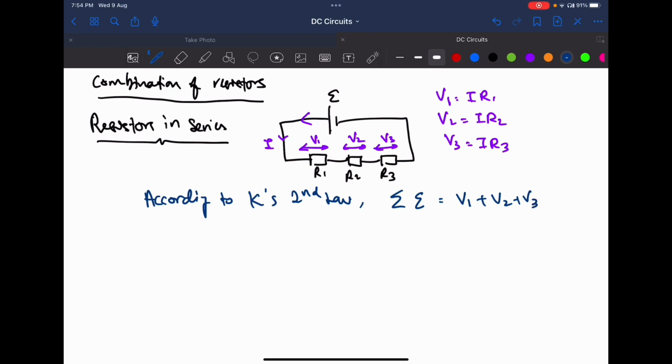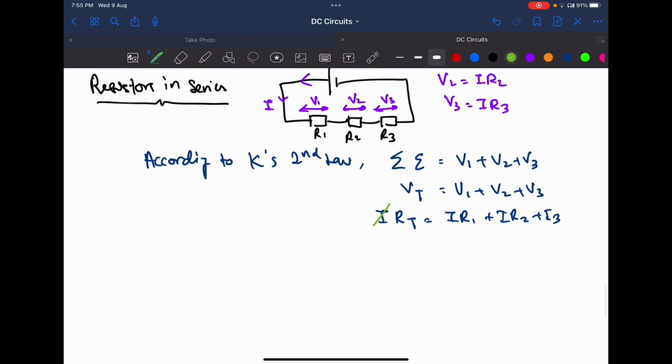Let's say in this case there's no internal resistance, so we can say V total equals V1 plus V2 plus V3. So V total is the current times the total resistance, equals IR1 plus IR2 plus IR3.